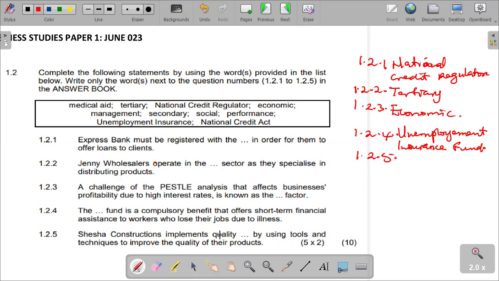Our next question, number 1.2.5: Shesha Constructions implements quality dash by using tools and techniques to improve the quality of their products.